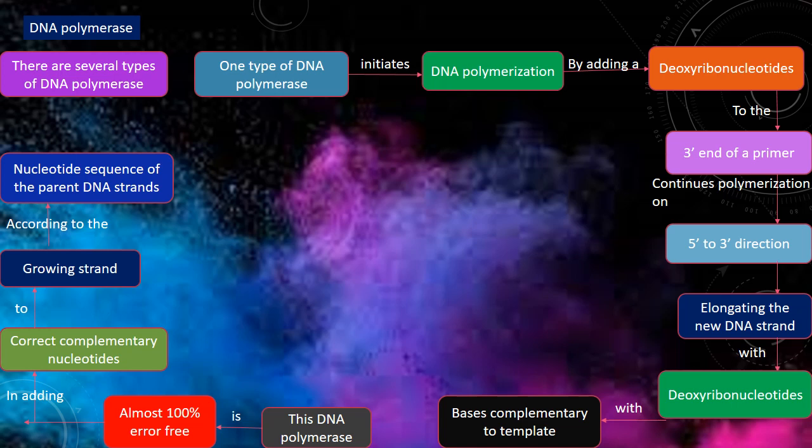DNA polymerase. There are several types of DNA polymerase. One type of DNA polymerase initiates DNA polymerization by adding deoxyribonucleotides to the 3' end of a primer. Continuous polymerization in the 5' to 3' direction elongates the new DNA strand with deoxyribonucleotides with bases complementary to the template.